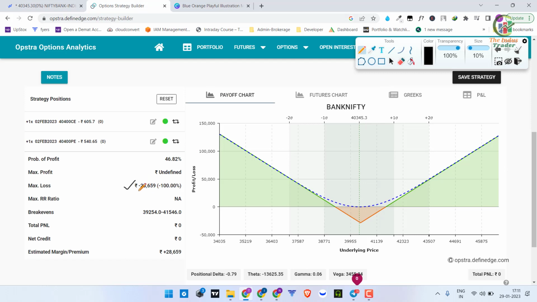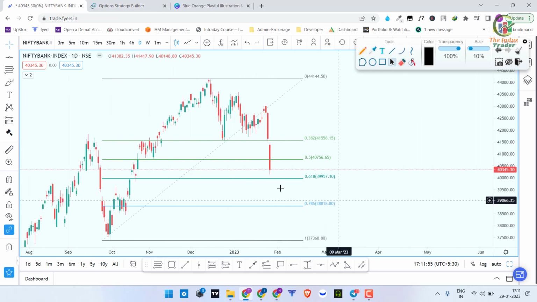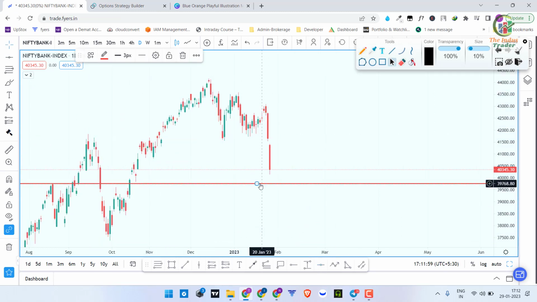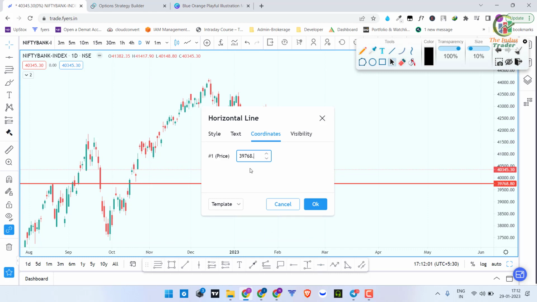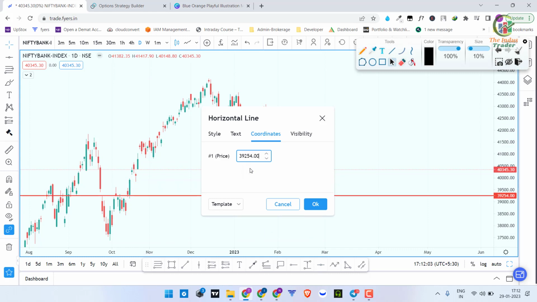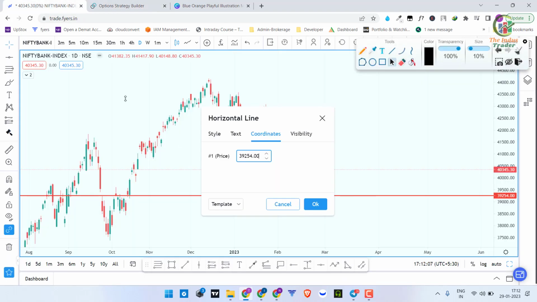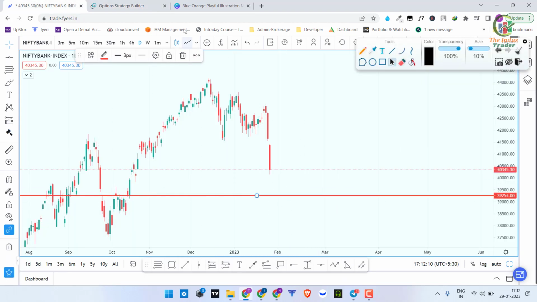So let's say on today's date we have taken the long straddle, and you have to note the break even points. Let me mark the break even points: 39,254, 39,200 and 41,546.